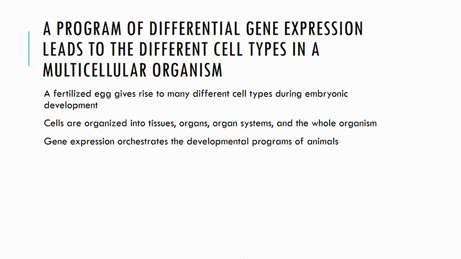And at some point, they'll get a signal of you need to turn into this or that, and we get some specialization there. And so those cells are eventually organized into tissues, organs, organ systems, and then the whole organism. And gene expression orchestrates the developmental programs of animals.